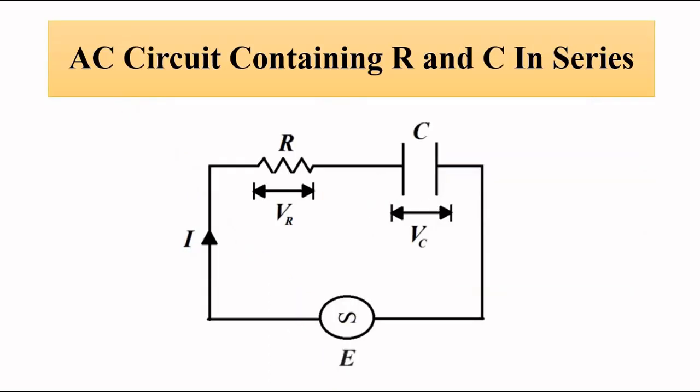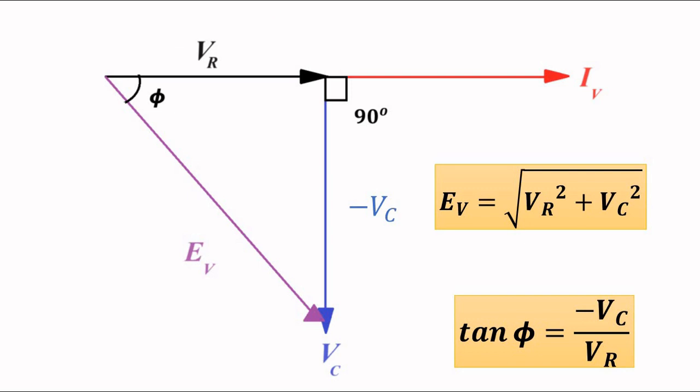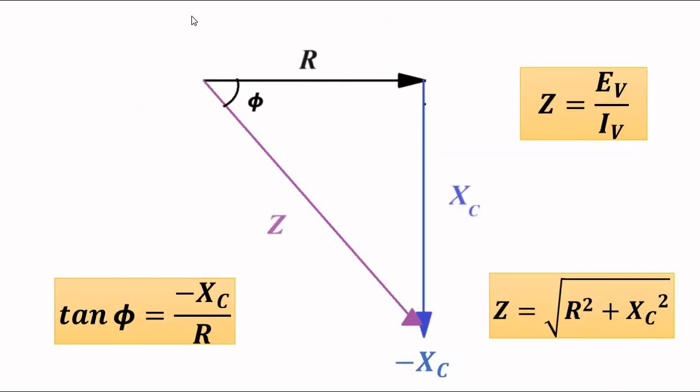And this is what is called the voltage triangle, where the voltage and current phases are represented. And if we divide it by the current, it becomes the impedance triangle.